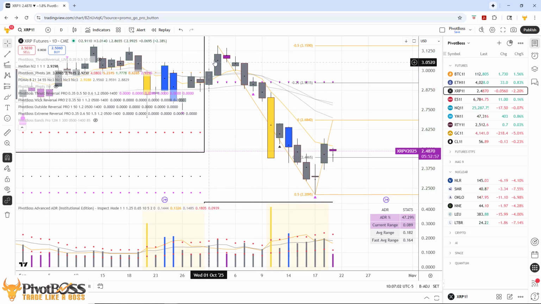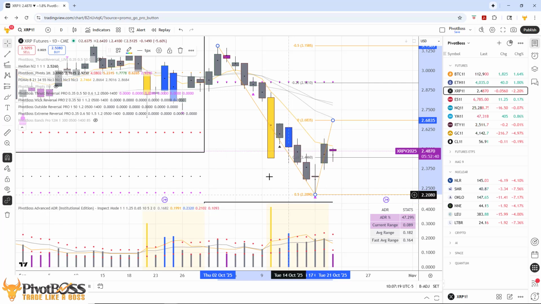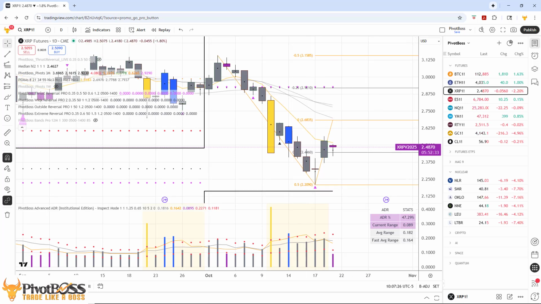All right, let's just see what that high is. 1585, the low. So that's 5 higher than it needs to be. This should be 35. There we go. All right, so we need 2.6835 to get that key range.